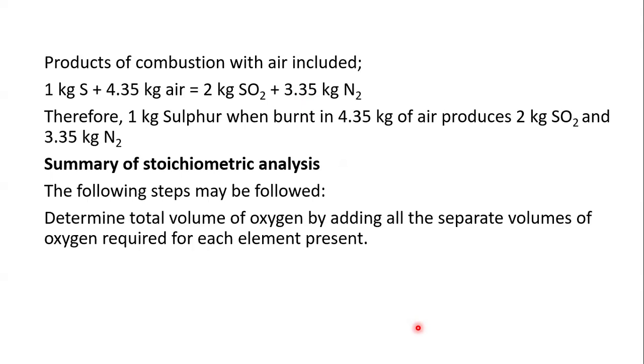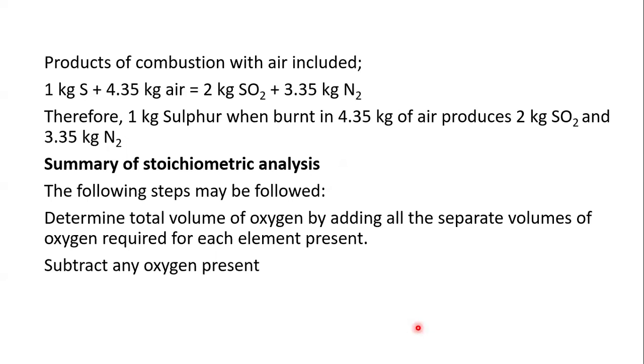Now, how do you do the analysis? When you're doing the stoichiometric analysis, you look at the total volume, how much do you need for each of the elements? You do the calculation, then you relate that to what is present in the fuel. If the fuel already has any oxygen, you subtract it, because you're looking for oxygen from the environment.